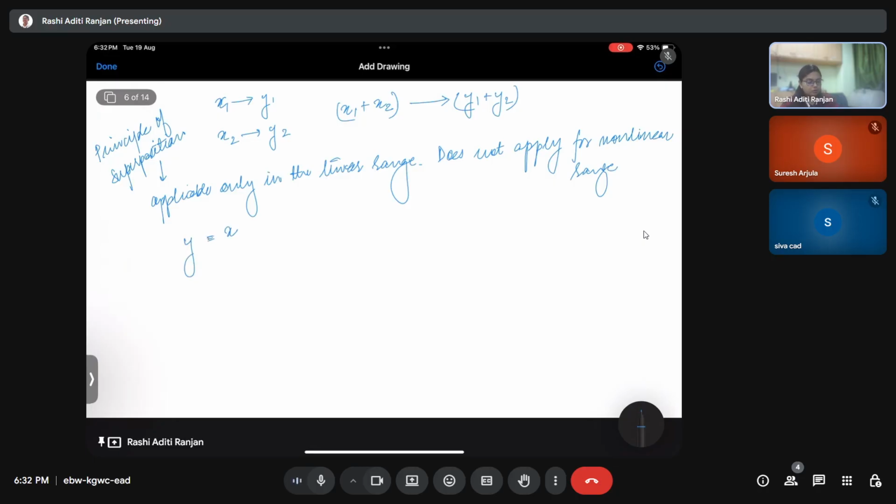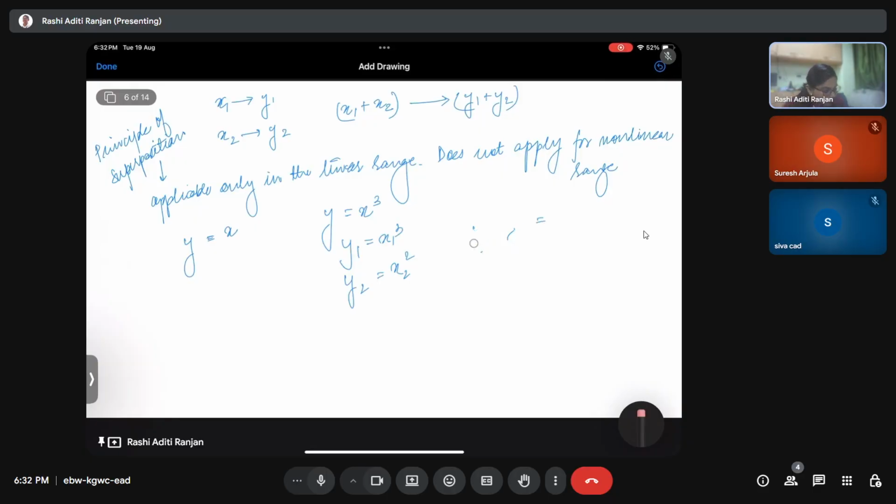So, for x1, y1, and for x2, we have y2. And then if I replace x1 by x1 plus x2, it is definitely equal to y1 plus y2. But if I take y as x cube, what do I have? I have y1 as x1 cube, I have y2 as x2 cube, and when I write y1 plus y2, what am I going to get? Okay, sorry.